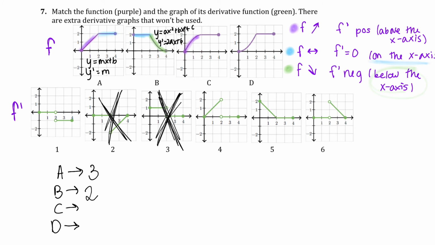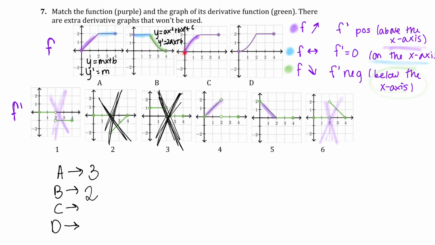So if it's increasing, it needs to be above the x-axis. So if I look from 0 to 2, it should be above the x-axis. Can't be this one. There's this option here, and this option here. And we can't use this one because it's not above the x-axis.